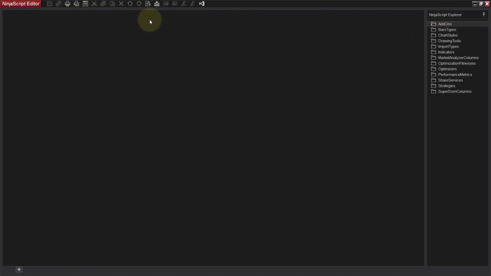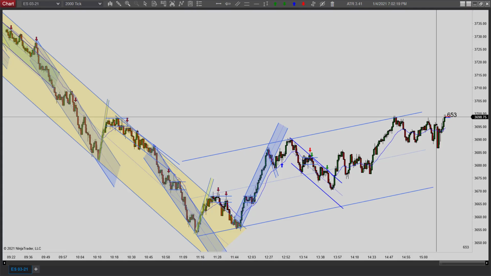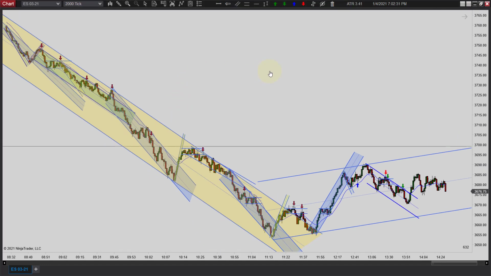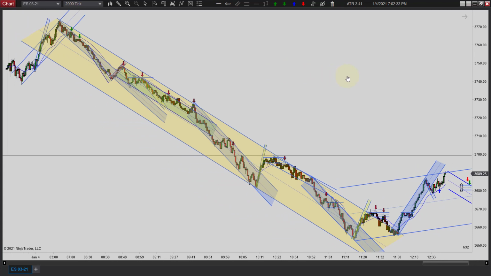Just click on that, hit delete, then close down NinjaTrader and reopen, and that toolbar should be gone. As you can see, it's gone from the left-hand side of my chart now. I just took it off right before I did this video, so it is gone from my chart.